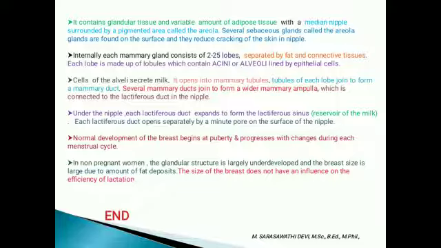In non-pregnant women, the glandular structure is largely underdeveloped and the breast size is large due to the amount of fat deposition. The size of the breast does not have any influence on the efficiency of lactation.